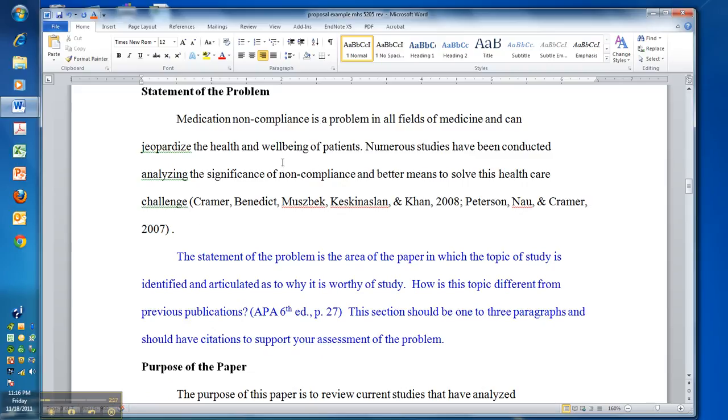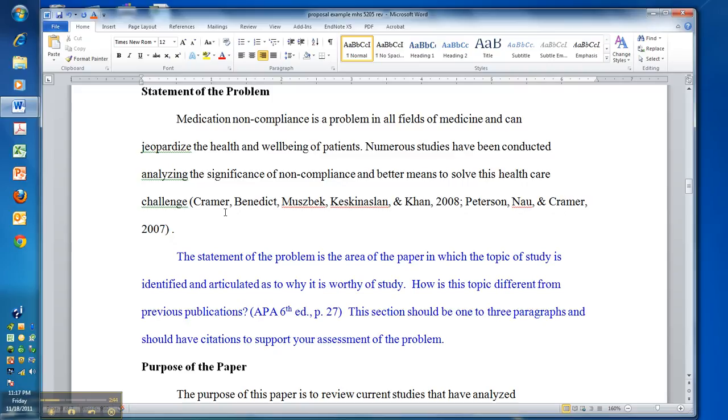Notice in this particular paper that was given to me by Dr. Danielson, I have a citation here that has 2 references in it. And the first time you have 3 to 5 authors' names, here I have 5 names, you spell all the names out using the ampersand. And notice how I have a semicolon here, and now I've got a reference with 3 names in it.